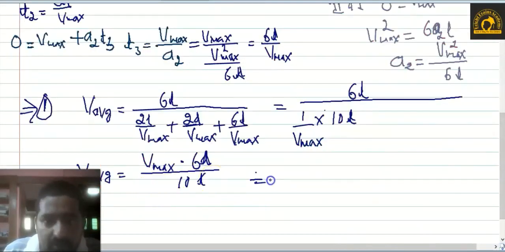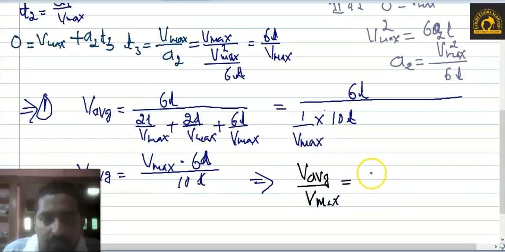After simplifying, V average divided by V maximum is equal to 6 divided by 10. 6 by 10 is 3 by 5.